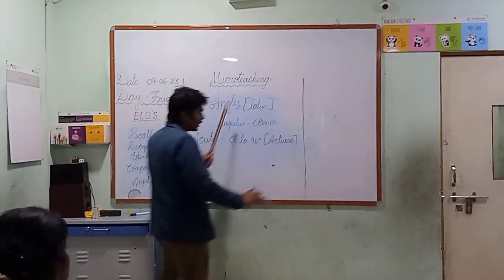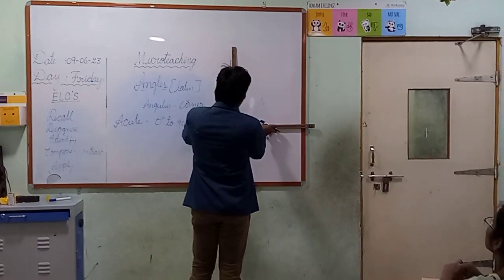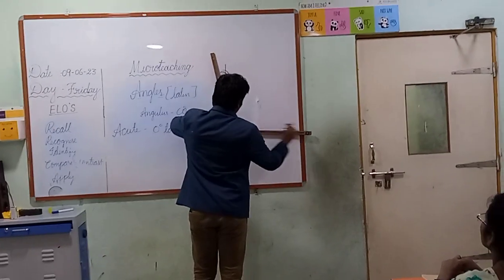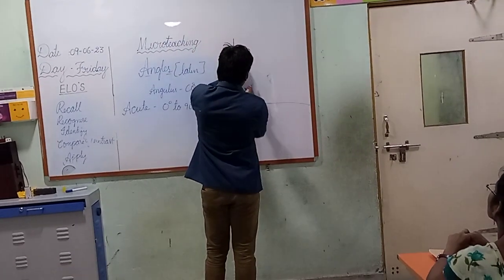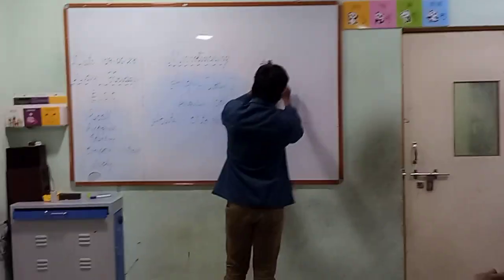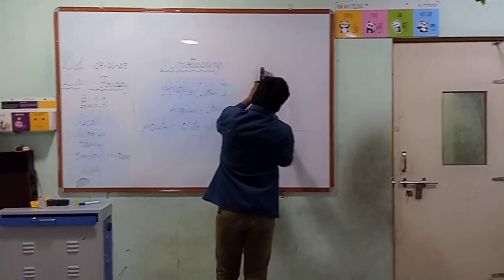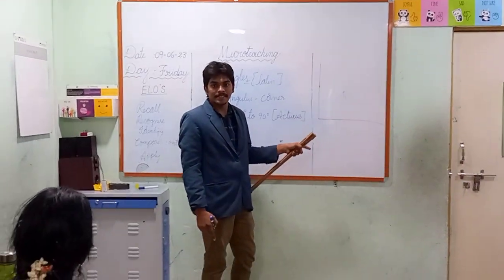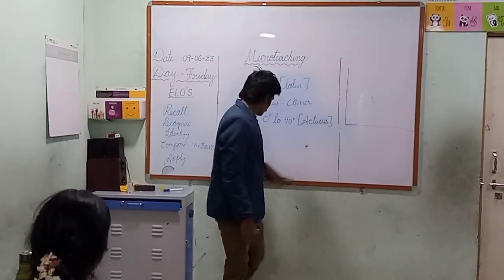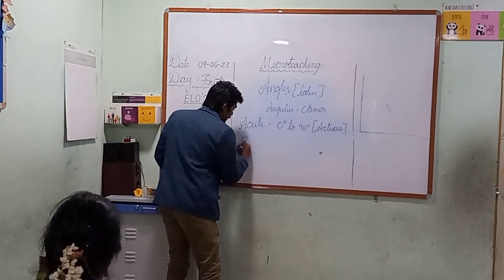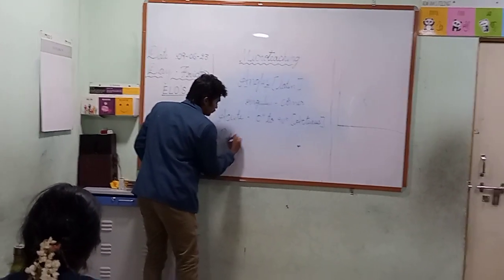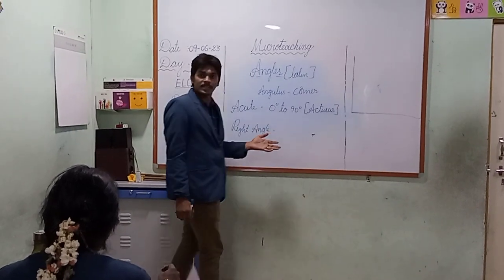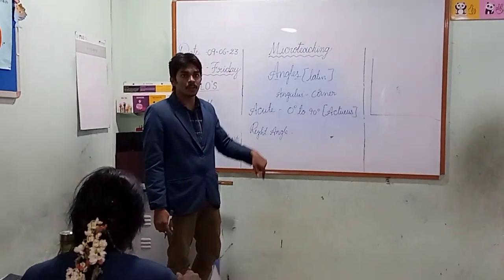And if I take this and keep it upright, can you see what happened? It looks straight. So it is called a right angle. What is the meaning of right? It is also a Latin word, meaning stood up, stand.